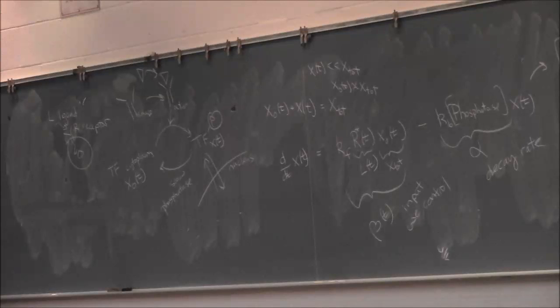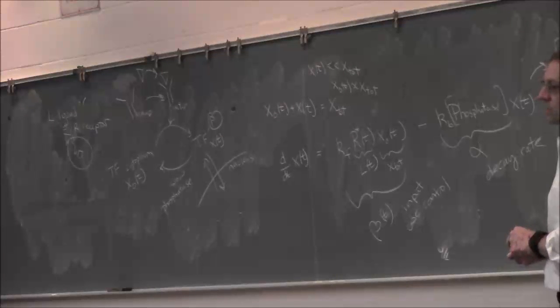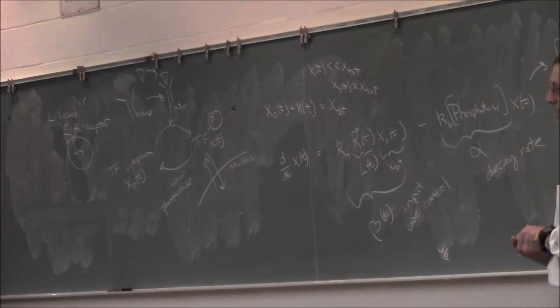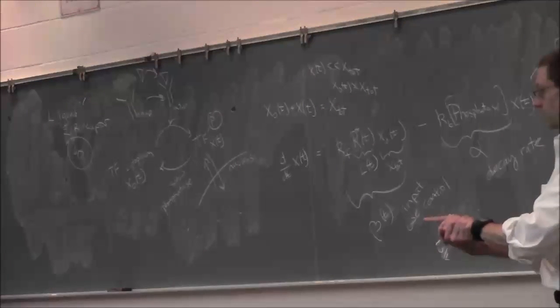So x of t is equal to d/dt plus alpha, inverse, beta of t. The problem is that you don't know how to take the inverse of a time derivative operator plus a scalar.